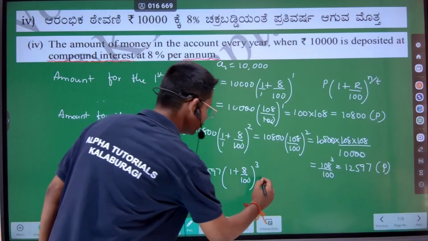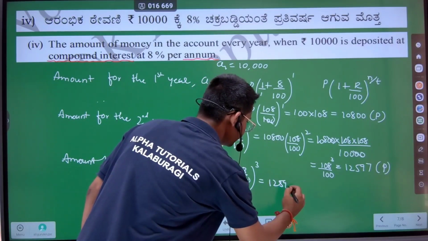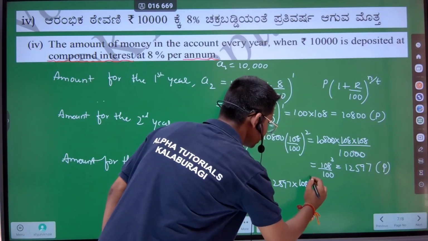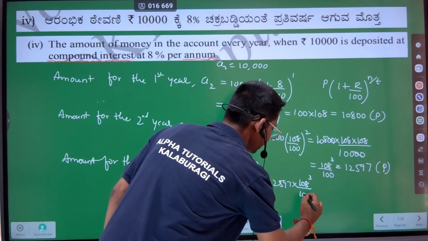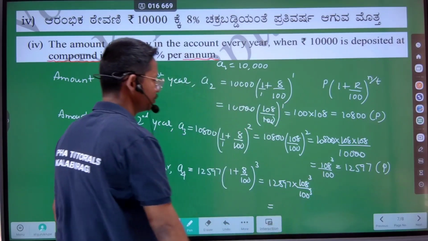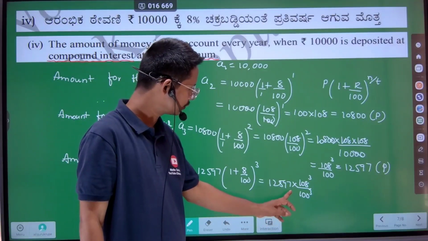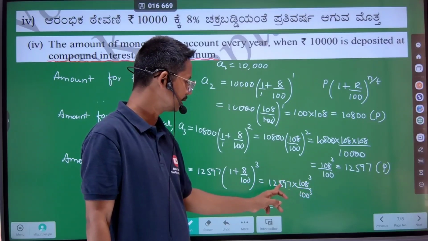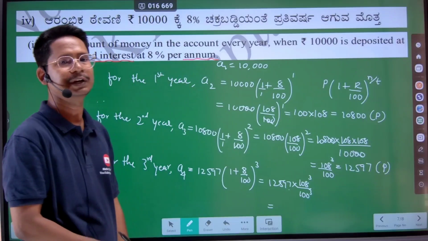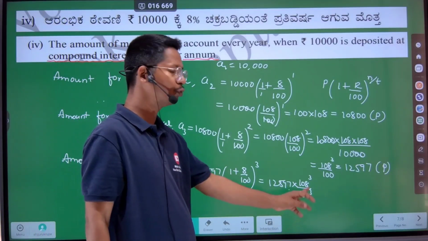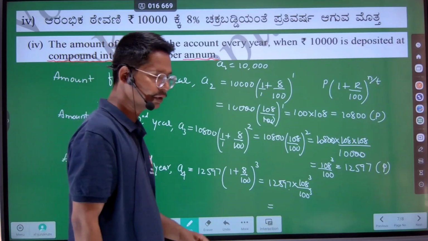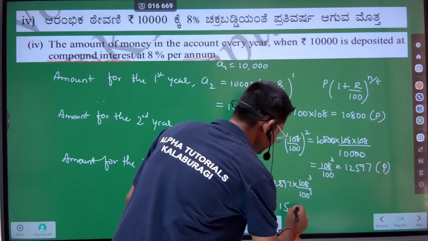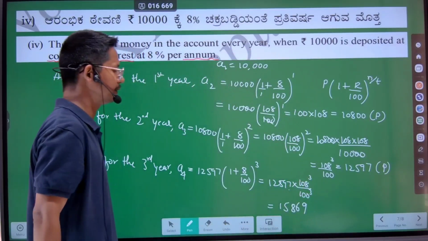Now I'll keep 12,597, and this one again is going to be 108 cube divided by 100 cube. So there is no cancellation of denominator and numerator terms. You first cube the numerator, then multiply with the other factor, and then shift the decimal by 6 positions, as 100 cube means you will get 10 lakh. So finally you are going to get the answer as 15,869.